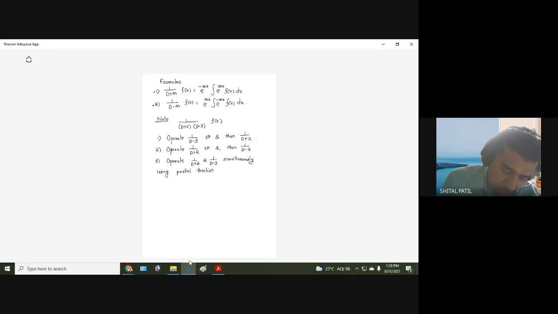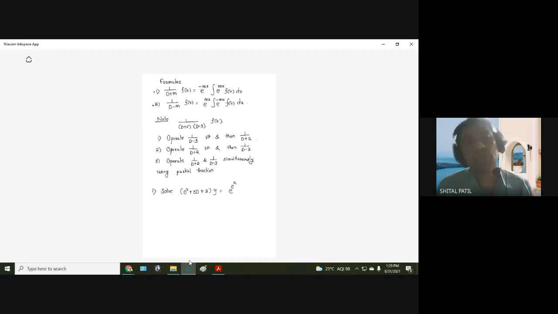Okay, so solve d square plus 3d plus 2 y equal to e raised to x. The general solution is y equal to y of c plus y of p.